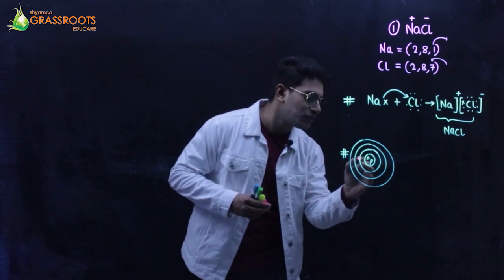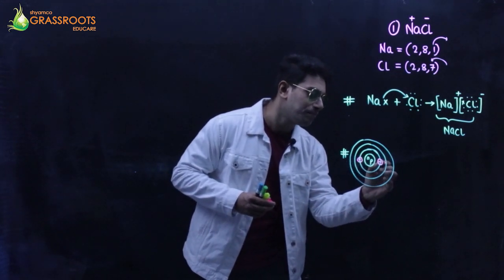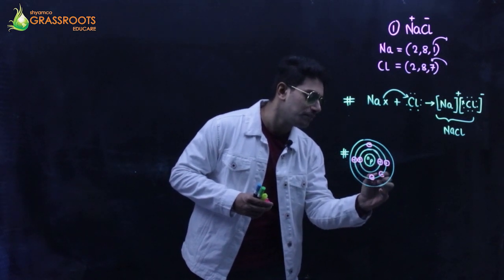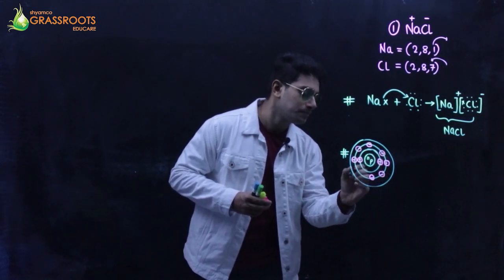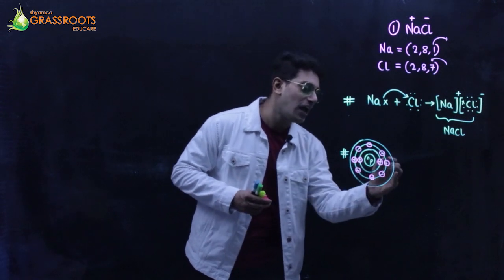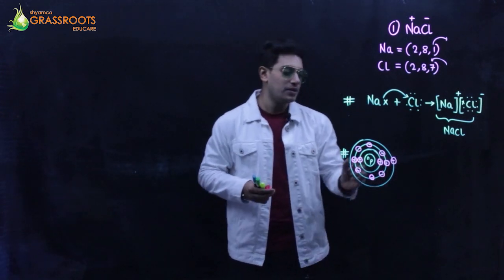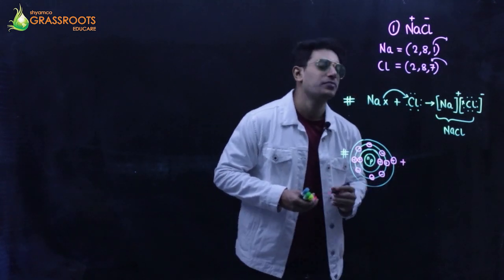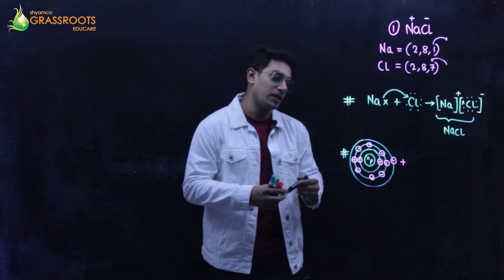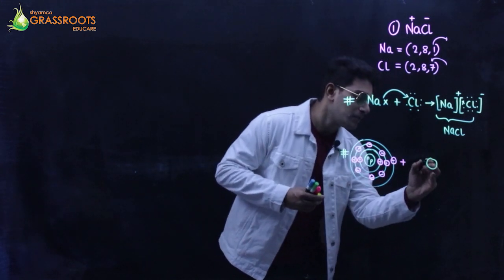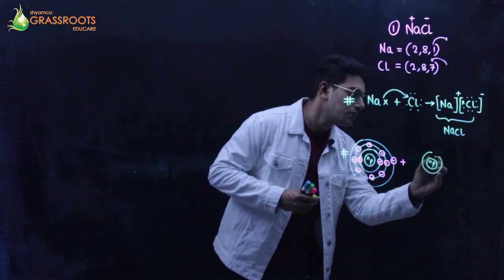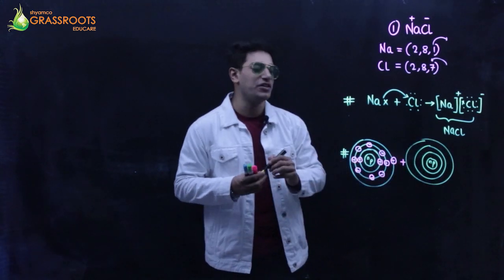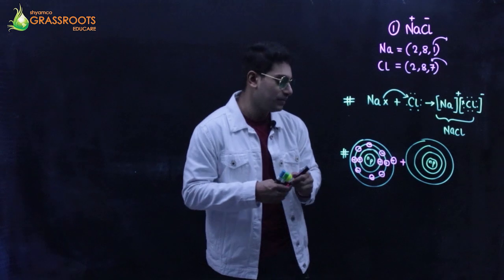So we have 2 electrons in the first shell, then 8 electrons in the second shell, and 1 electron in the outermost shell. This reacts with chlorine. Chlorine again has a nucleus, 2, 8 and 7 in the outermost shell.